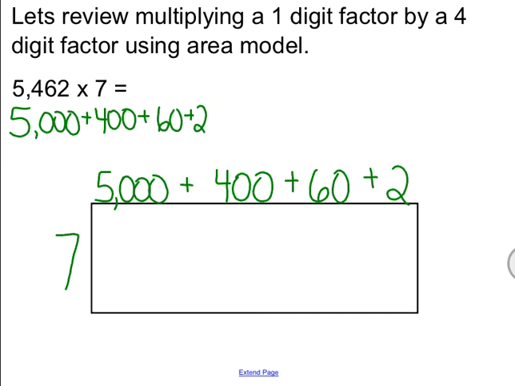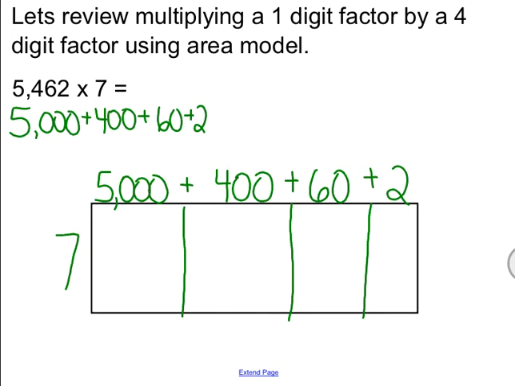And what helps us to cut it into parts is our addition symbols. It separates the values. So I'm going to go over to my first addition symbol and cut my first part, my next addition symbol, and my last addition symbol. So now we have 4 parts, so we need to find the 4 partial products. Now remember, the partial products are the products that are inside each of these parts. Okay?